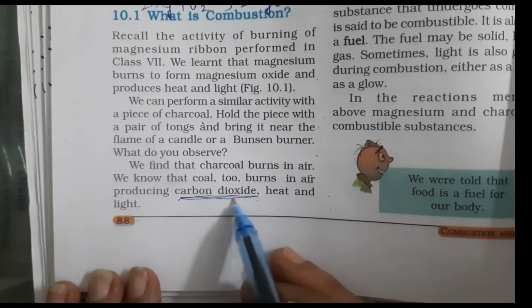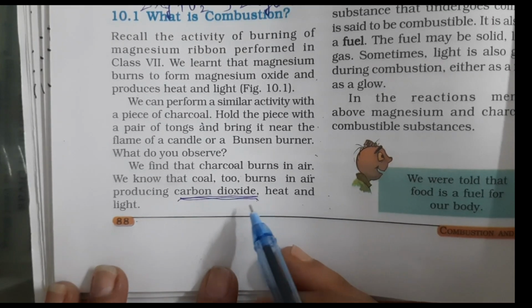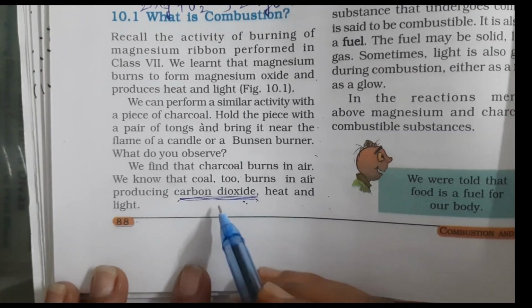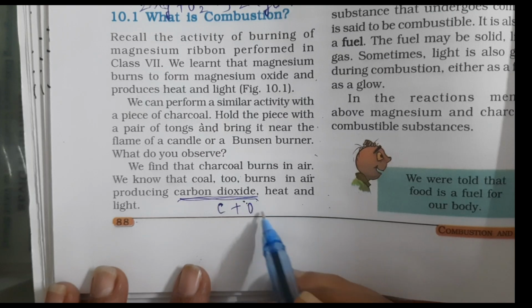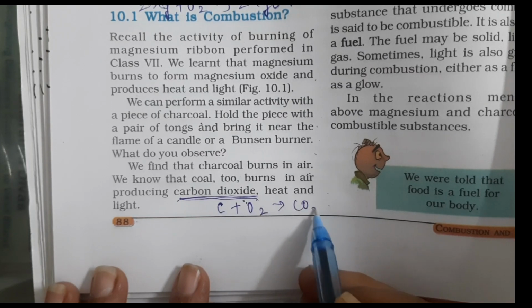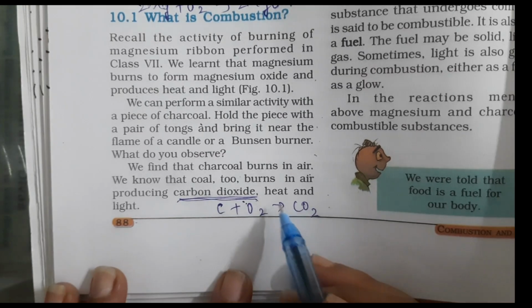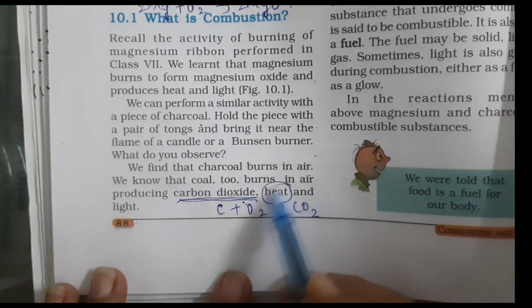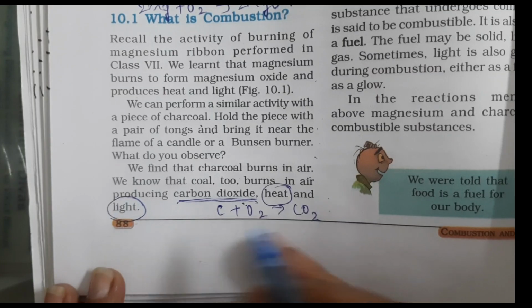When something burns, as it has carbon in it, it reacts with oxygen. Oxygen is a supporter which is important for burning. So carbon will burn with oxygen to produce carbon dioxide. And as the combustion is taking place, heat is produced along with light. So these are the end products.